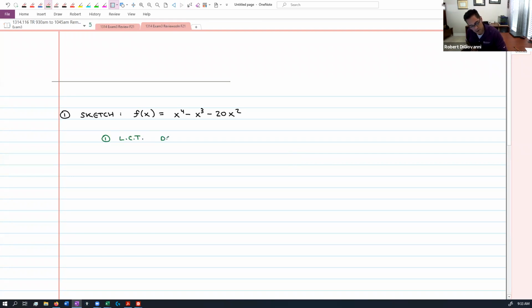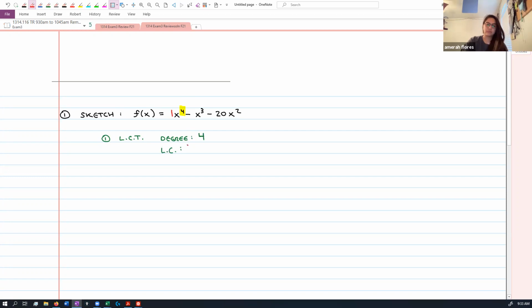So I need to find the degree of the polynomial. What's the degree? 4. 4, highest power of x, right? And then the leading coefficient is the number in front of that. Is 1. Is 1. Okay, then you have to go to a table that I had done in class where you have these 4 possibilities.